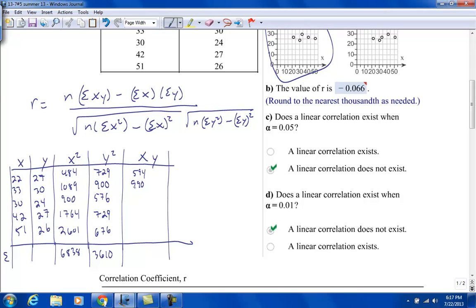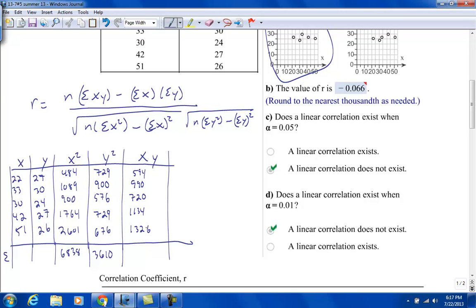And then we have 30 times 24, 720. 42 times 27 is 1,134. 51 times 26 is 1,326.